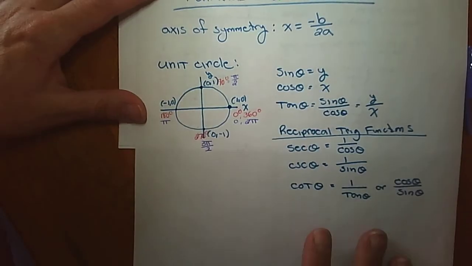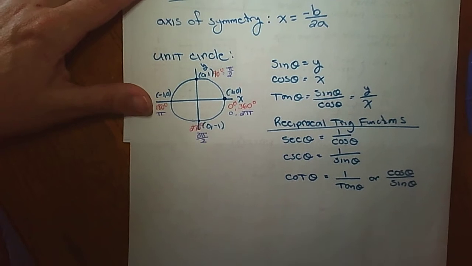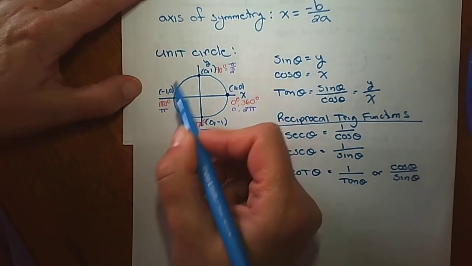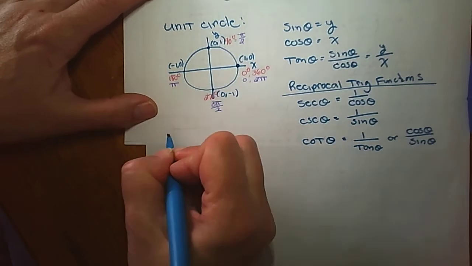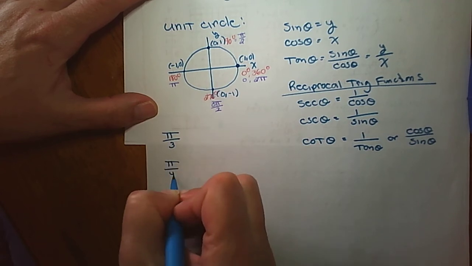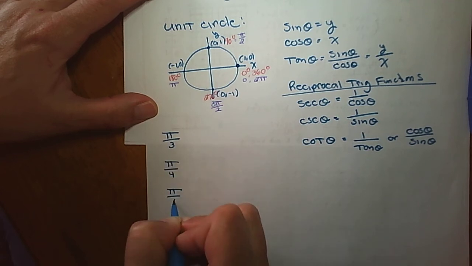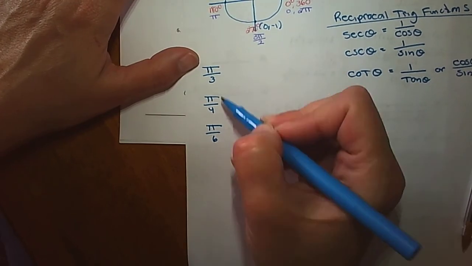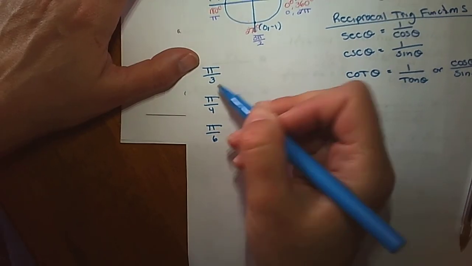Another issue, what the heck is pi over 3? Well, we know these guys, right? But there's also pi over 3, pi over 4, and pi over 6. Do you guys remember what those are in degrees? Rule is, quick way, see these numbers? It's always the opposite.